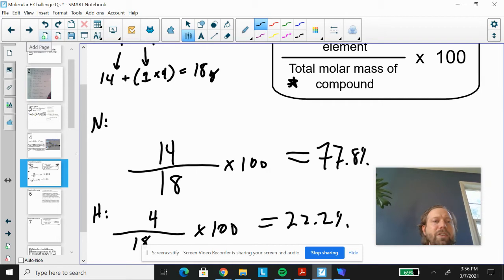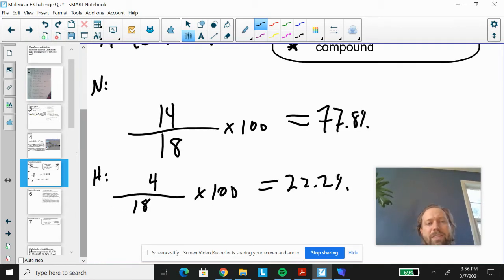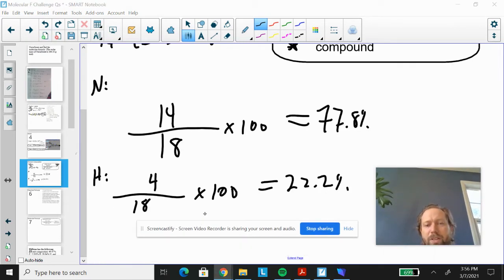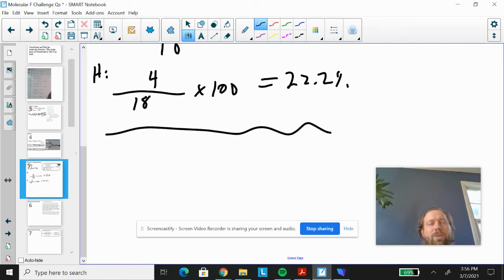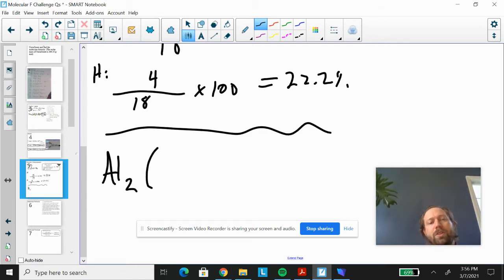Curveballs might be, let's say we do maybe something like Al2(NO3)6, something like that, right?